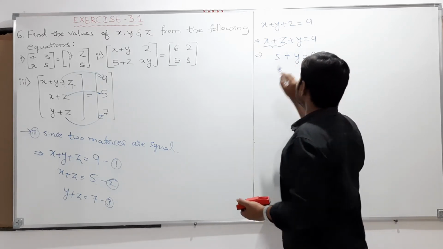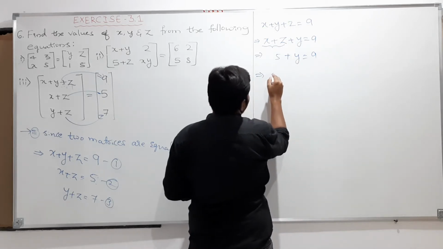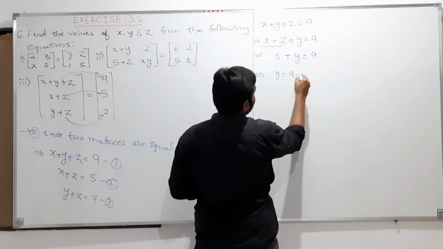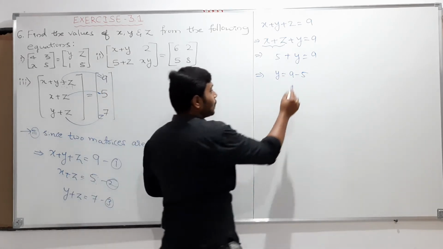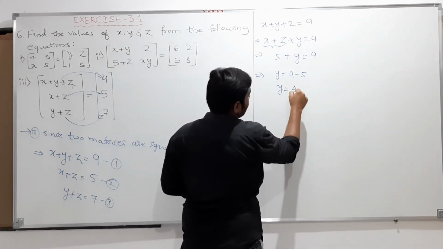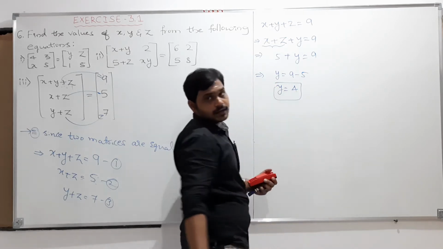Now shift this 5 to that side, and it becomes minus 5. So y is equal to 9 minus 5, which is 4.